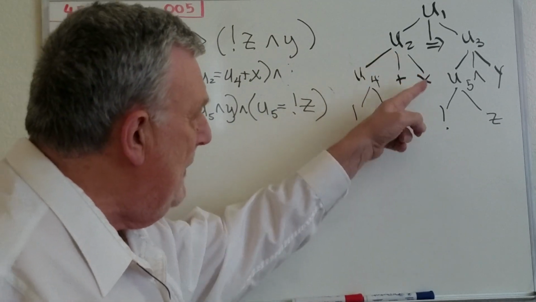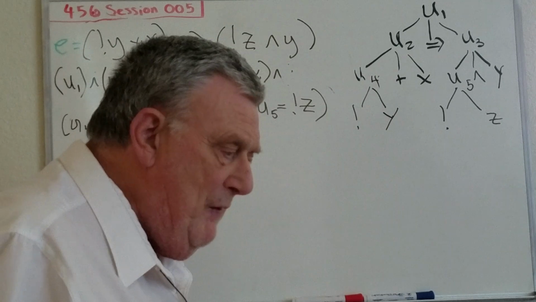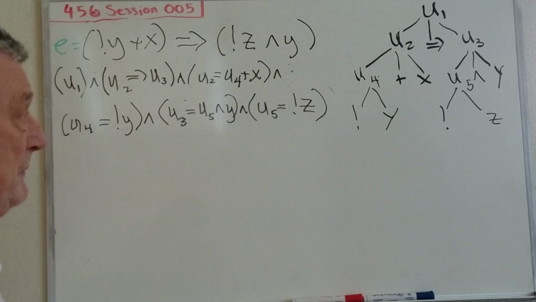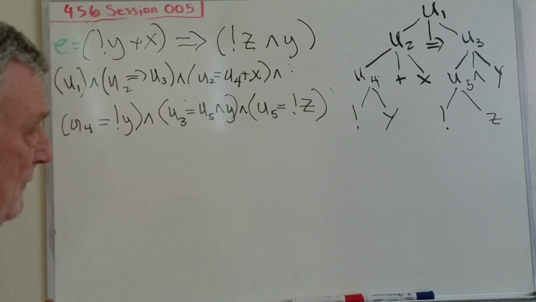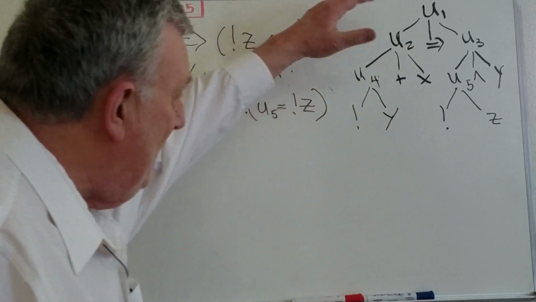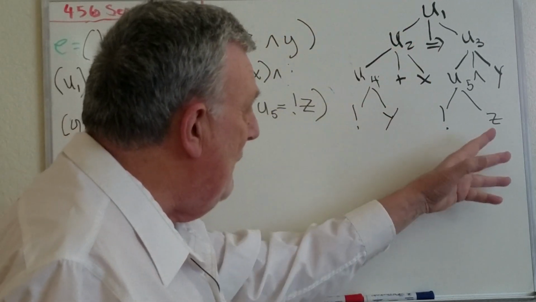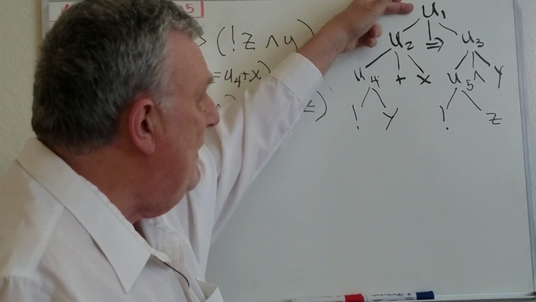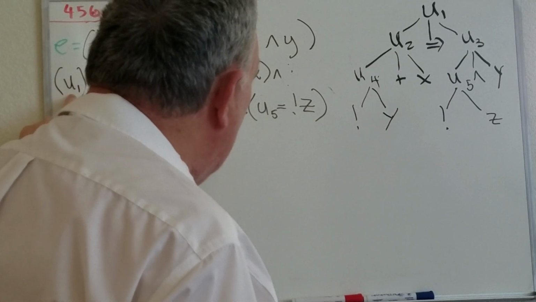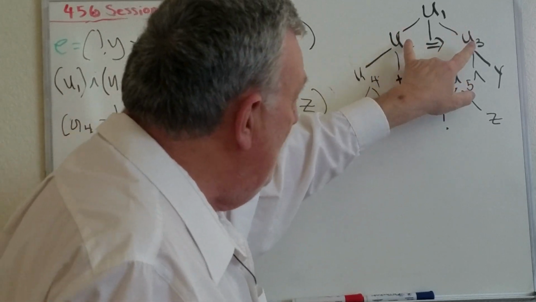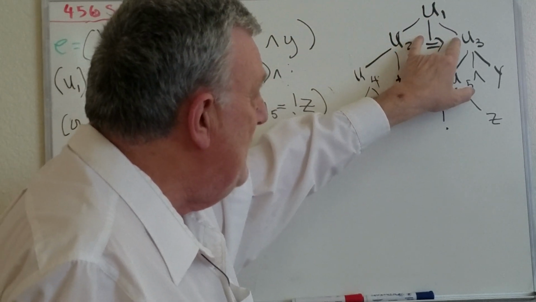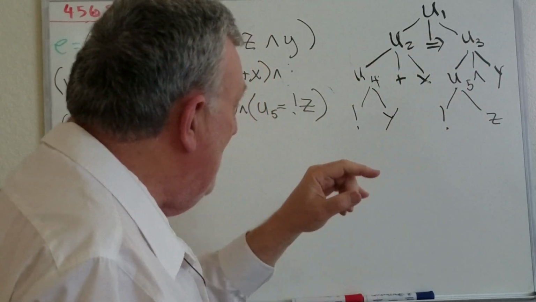And each of these new variables must be a name which does not occur elsewhere in the expression. So I'll just call those U1 through U5. Now, when we have a parse tree, we have to have an assignment on the leaves which causes the value at the root to be true. So the first thing we say is that the root has to be true. Then for each internal node, the corresponding expression involving its children must also be true.